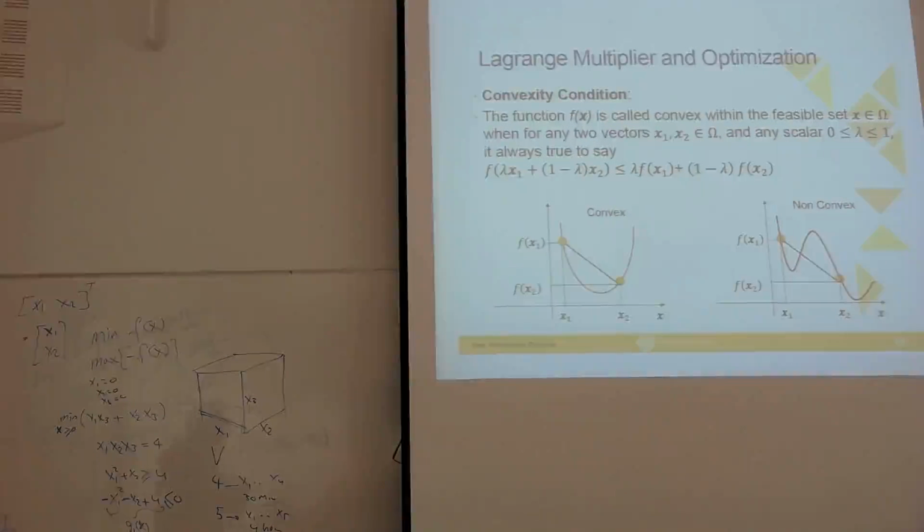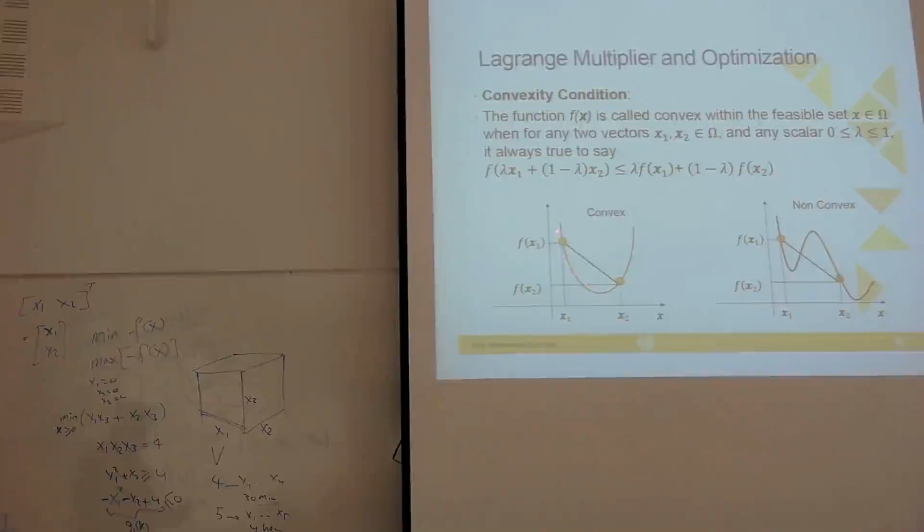Okay, so the concept of convexity is that the function itself is always less than or equal to a line drawn over this function at any points x1 and x2. You can see here, if you draw a line between any 2 points, the real function will always be less than or equal to that line.